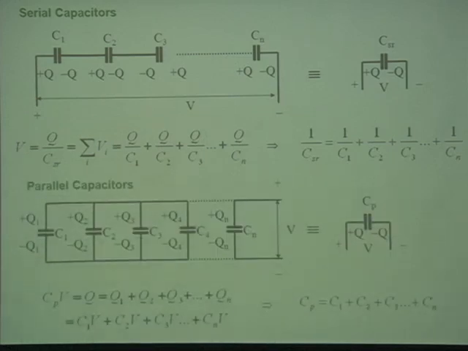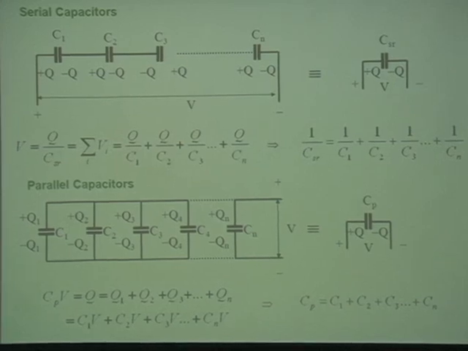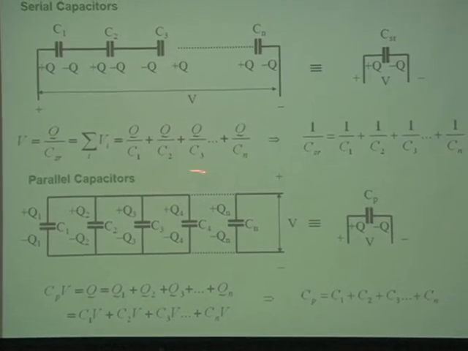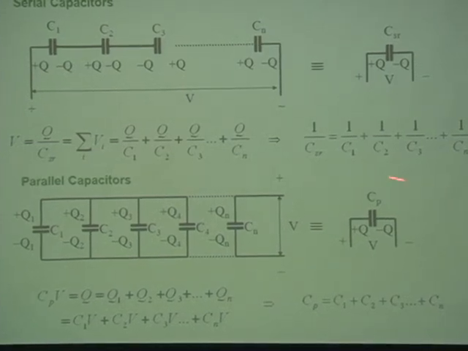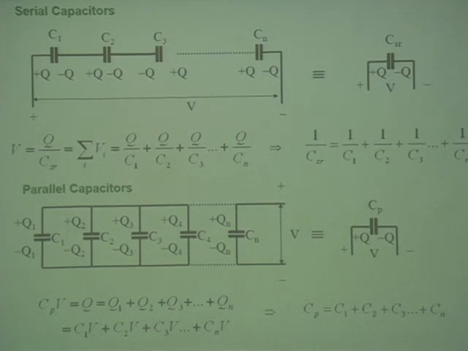Well, if you have a parallel capacitors like this, 你现在有并联的电容，像这个样子 ，OK， and want to reduce this into an equivalent capacitance, CP.